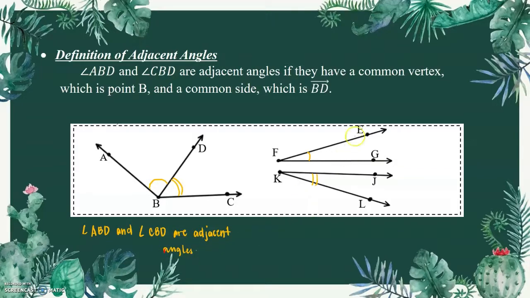Okay, but angle EFG and angle JKL, since they don't have a common vertex and they also don't share a common side, they are not adjacent angles. Okay, now let's proceed.